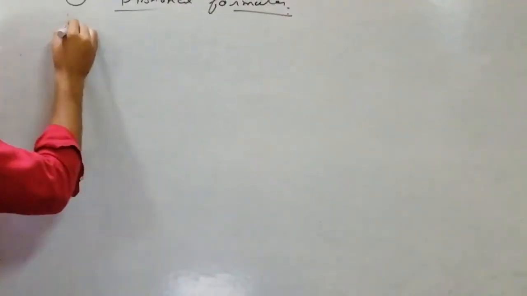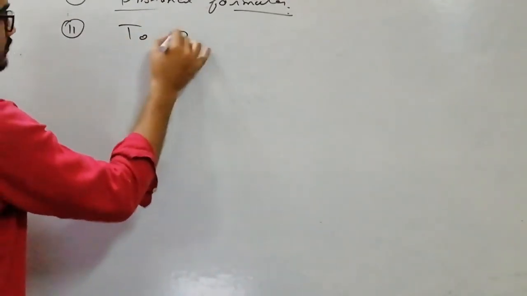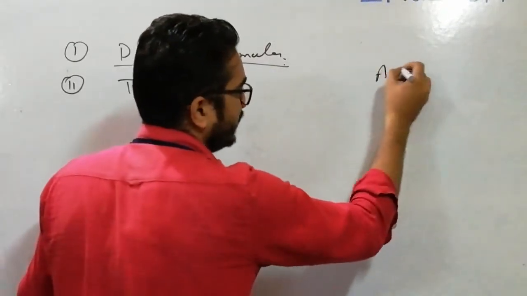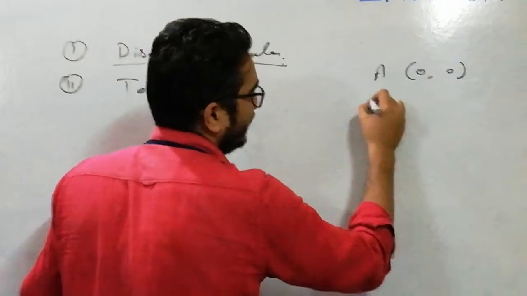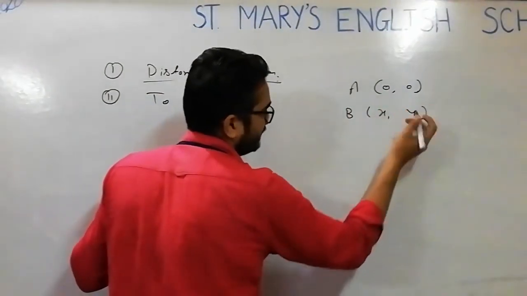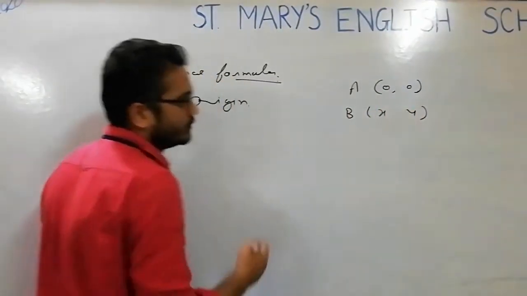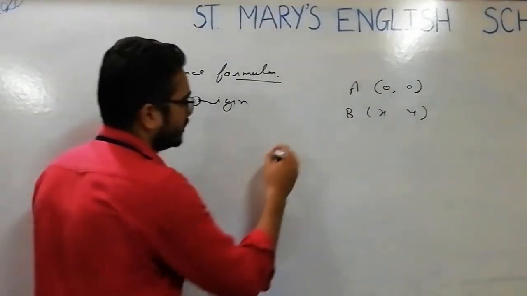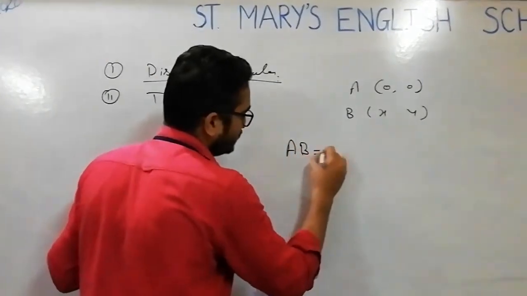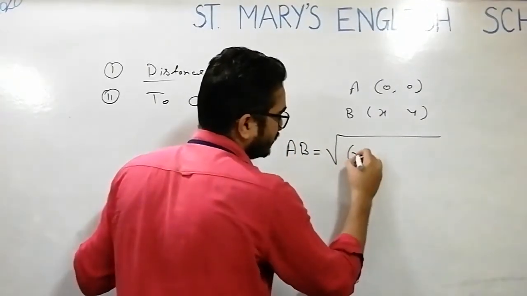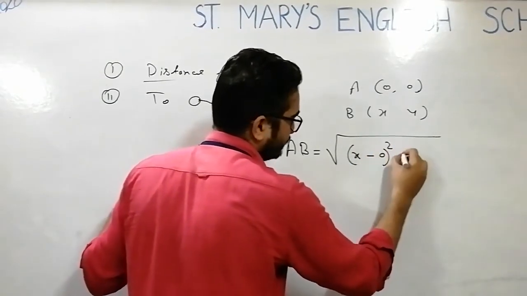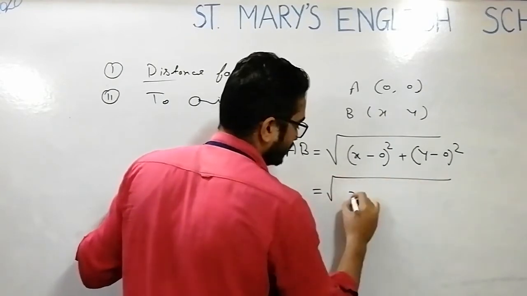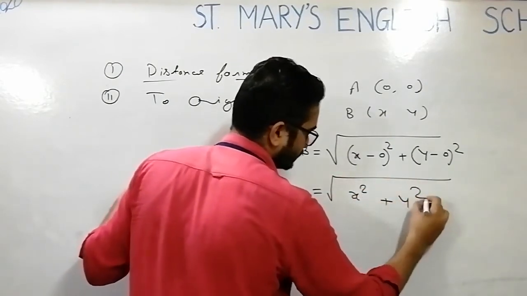Now in this case, point A will always be (0, 0) and B will be (x1, y1), or you can say (x, y), because we have only one coordinate, so we can go with x and y. And what is our distance formula? The distance formula says AB is equal to the square root of (x minus 0) square plus (y minus 0) square. So that will give you the square root of x square plus y square.